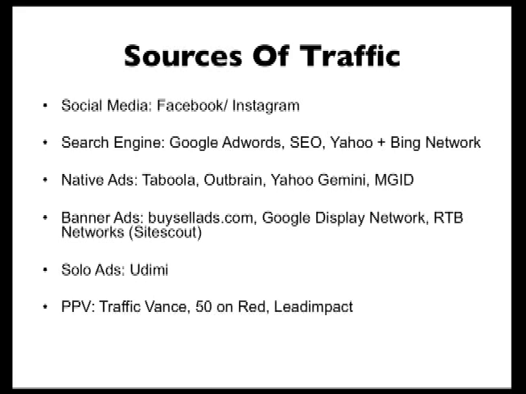Well, in the case of Traffic Buns, people will download the software because they want to play games. In the case of 50 on Red, if I'm not wrong, it's supposed to be shopping vouchers. Lead Impact, I'm not too certain. But if you ever want to do paid advertising, Traffic Buns is actually the best. I personally used it, and well, I guess I'm kind of going past the content of this video right now.